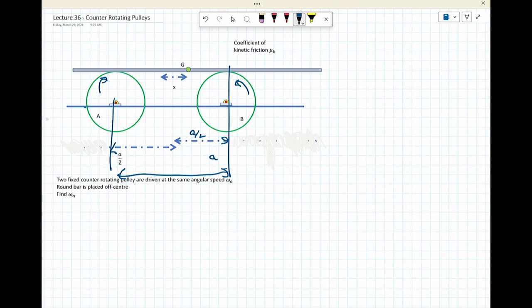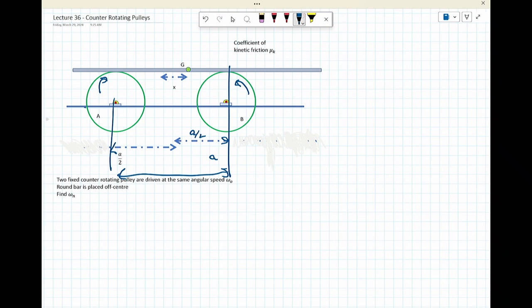So you kind of expect to get a vibration out of that. What you're asked for is: two fixed counter-rotating pulleys are driven at the same angular speed omega naught. A round bar is placed off center. Find omega n. The off-center distance is x on the figure.